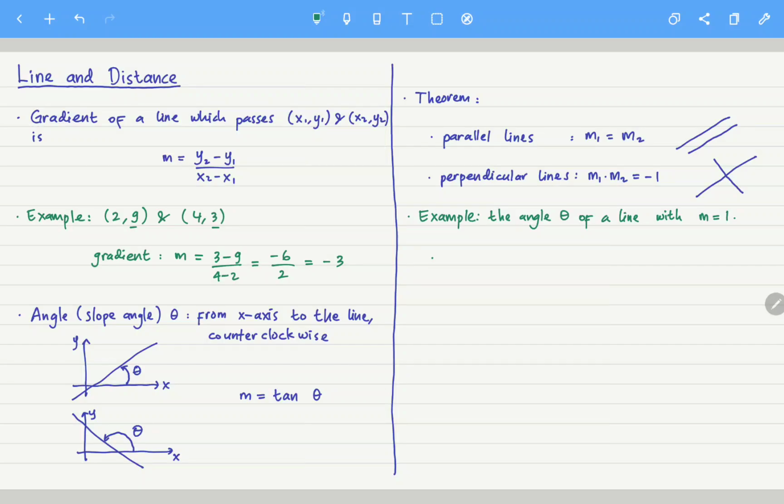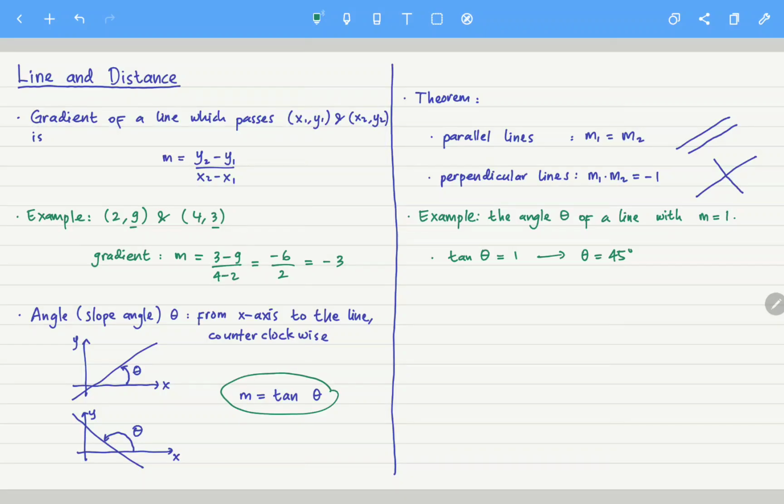To find theta, we can use the following equation. Now m is equal to 1, so we get tan theta equal to 1, and we know the smallest value of theta which makes tan theta equal to 1. We get theta equals 45 degrees.